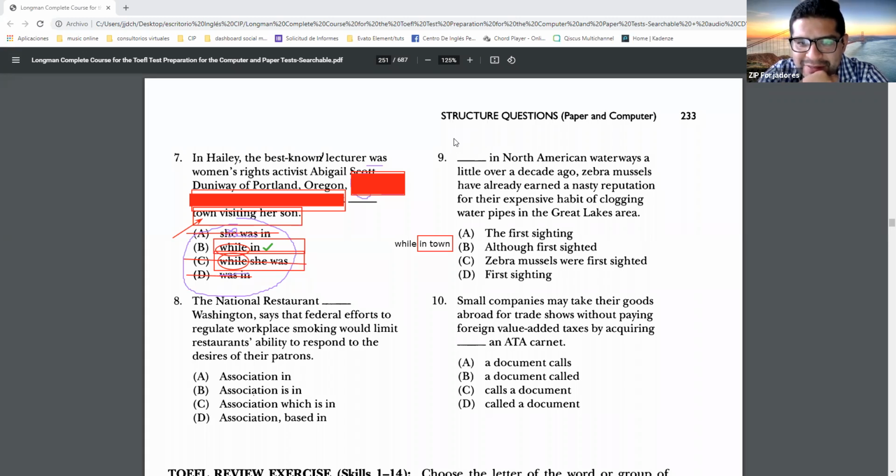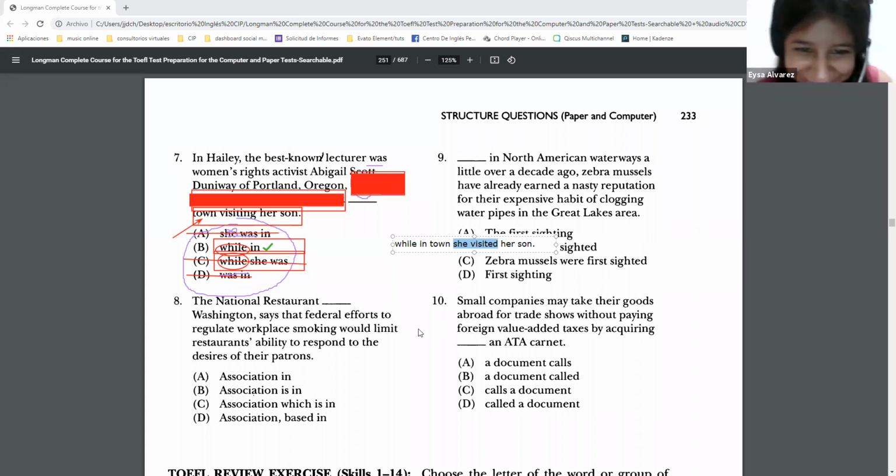This is the complete one, but the answer is in the preposition, okay? She visited her son. This is the complete one. And if I want to reduce it, I am going to change the subject and the verb, and I am going to change it to the ing form. Do you understand?